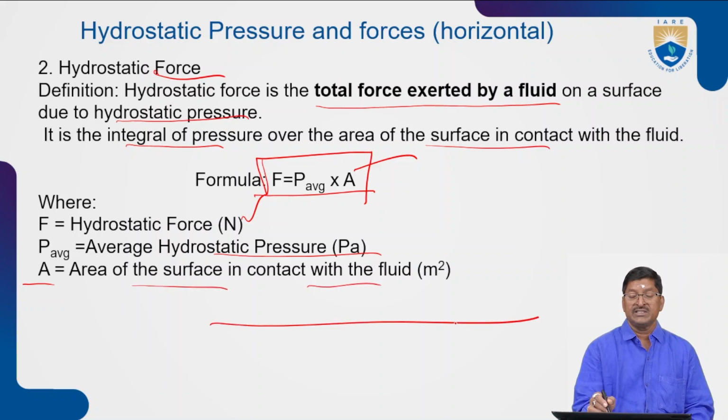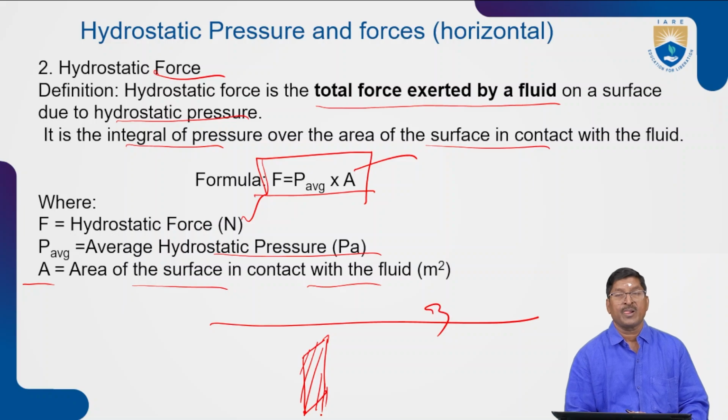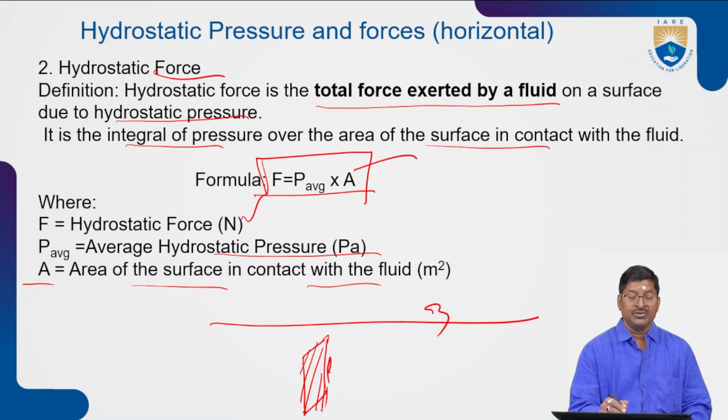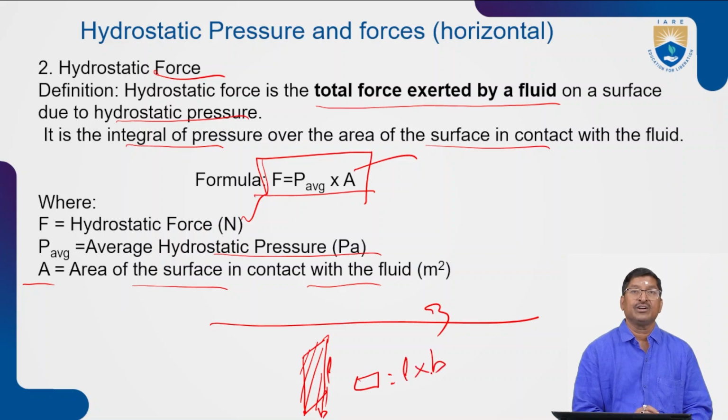That means if fluid is here and some thin sheet is there, it is a submerged surface. The area of this thin sheet is length into width. So rectangular area is equal to length into width, and then you get the area of that sheet or surface.